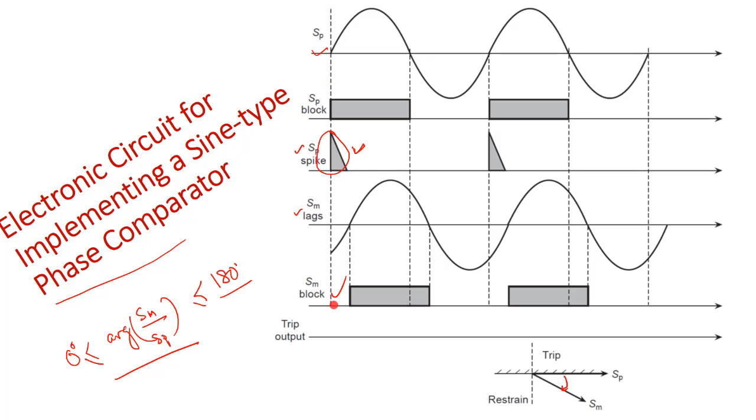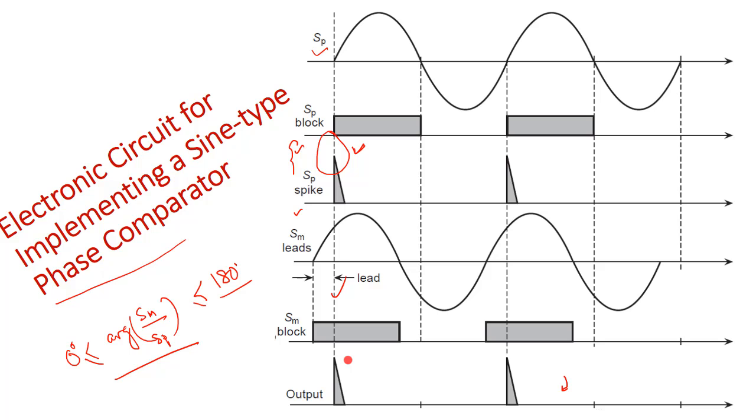So in that way it will give a signal. It will lead up to 180 degrees. So when the leading is from 0 to 180 degrees, the Sm block is overlapping with this Sp spike, and therefore there will be some trip output. This is the basic principle by which we can implement this sine comparator.